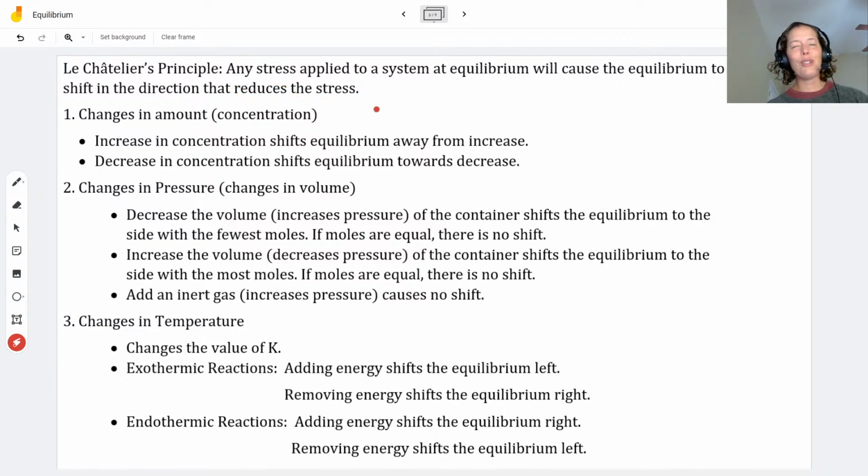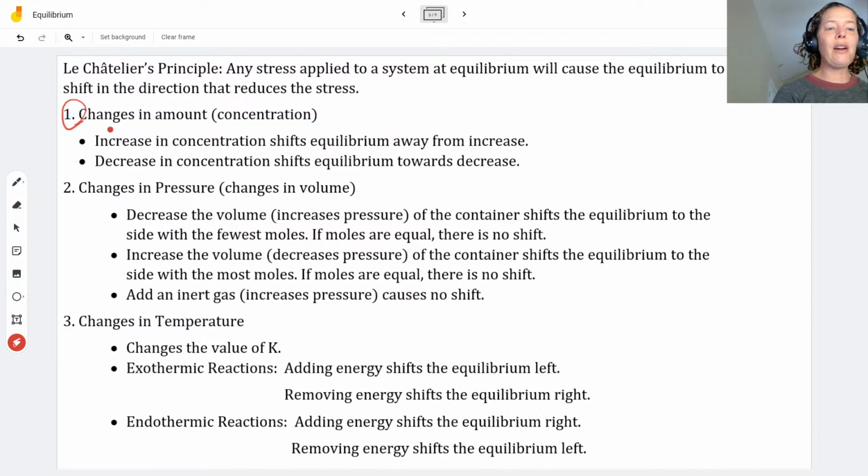Now you say, reduces the stress, what does that even mean? Well, it means different things for different types of stressors. So I want to talk about 3 main types of stressors that we put on systems at equilibrium, and then how the equilibrium changes because of that.